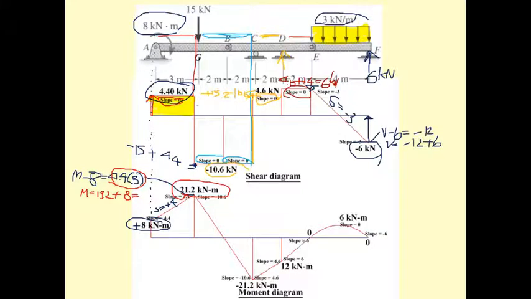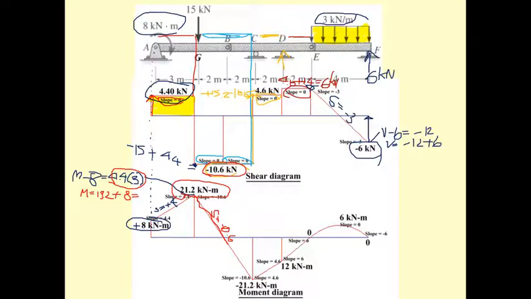Okay, and then you move to the next section, and what we have in this next section is V equal to minus 10.6. So S here is going to be equal to minus 10.6, and the slope along this one is downward.